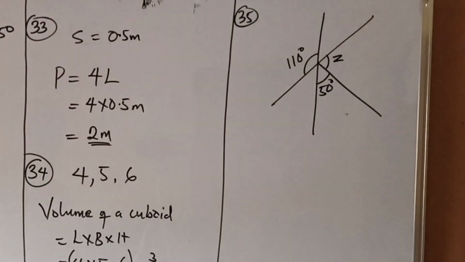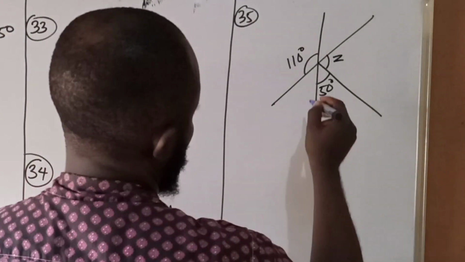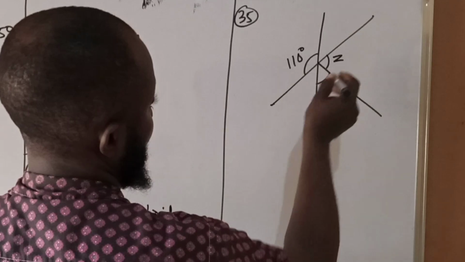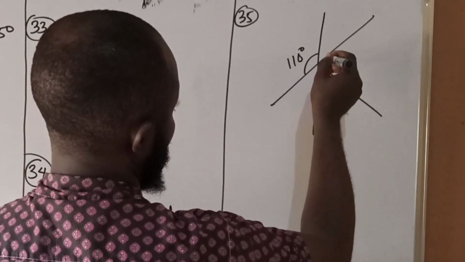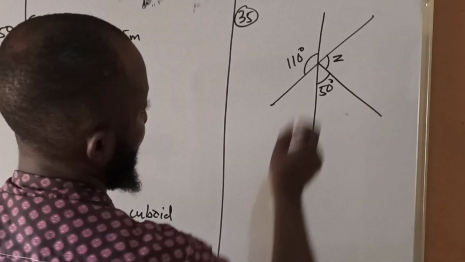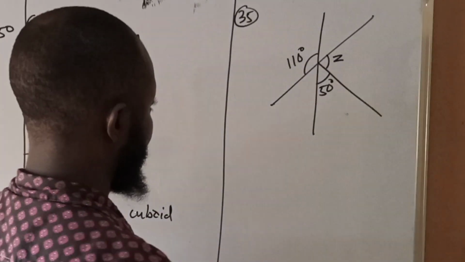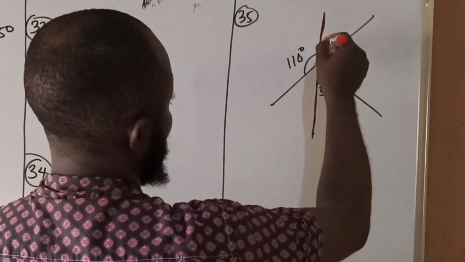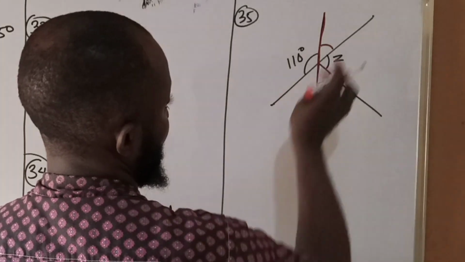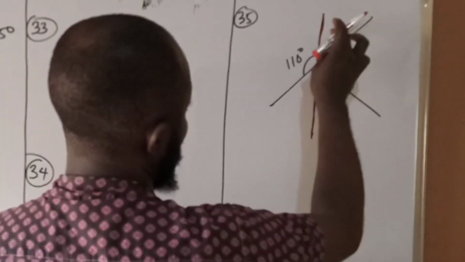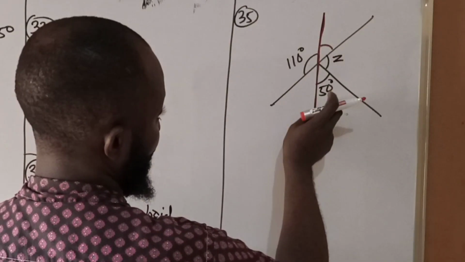The best way to do this is to either consider this line to get this, or we consider this line to get this at the same time. If we consider this straight line, we'll be looking at this angle. We need to find the value of this angle to get this. Once this is known, this is also known.